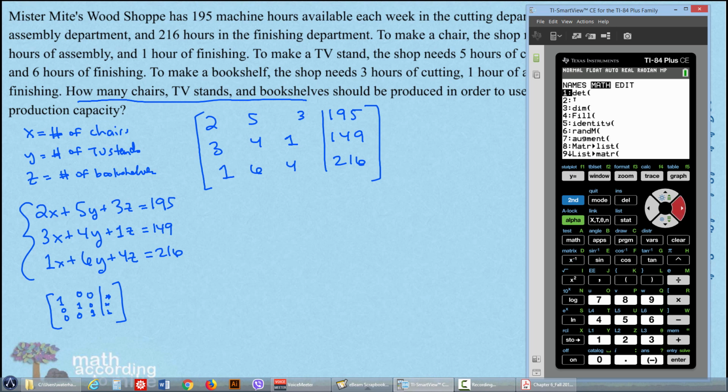So I'm going to go over to Edit, and I'm just going to use matrix A. Notice our matrix has 3 rows, 4 columns, so this is a 3x4. And now we're going to put all the numbers in.